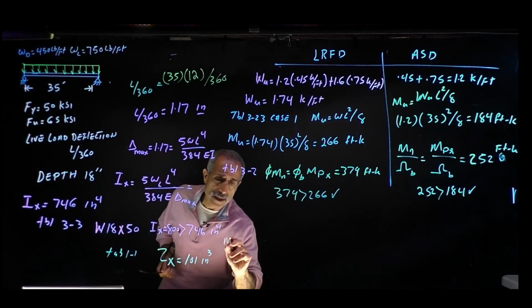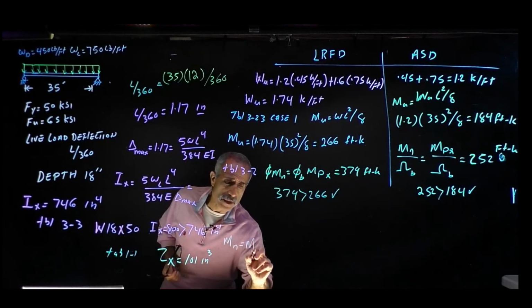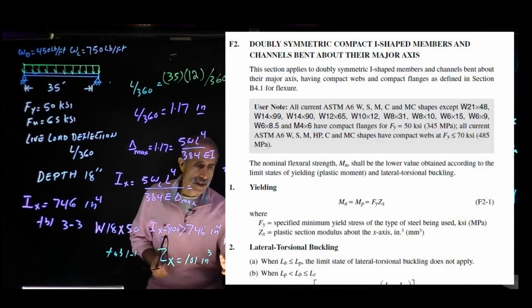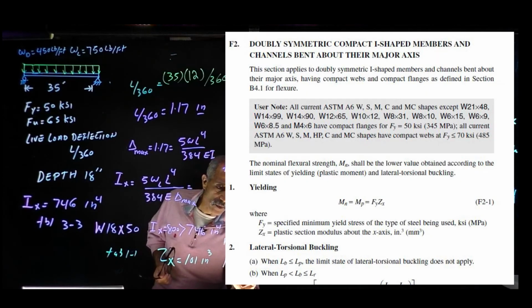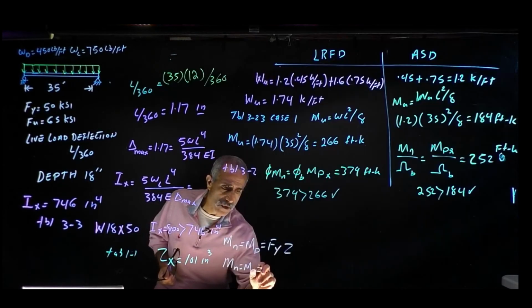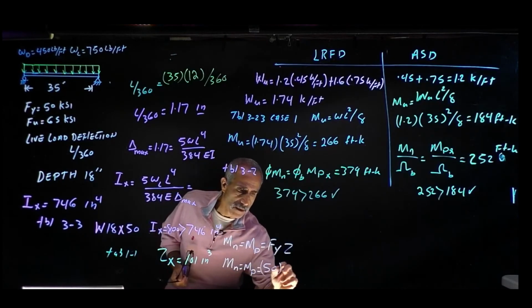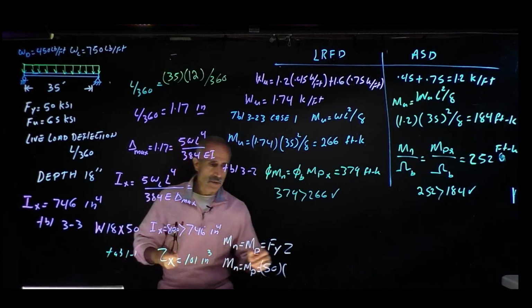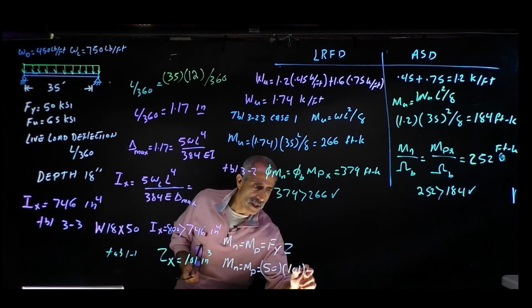Our Mn, the plastic moment, is equal to Fy times Z. So Mp comes out to 50 ksi multiplied by 101.